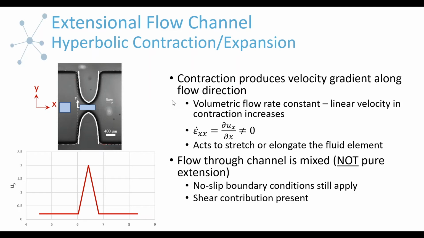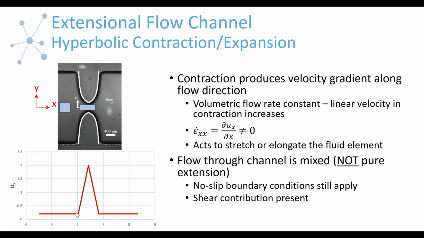But now when we introduce this contraction expansion, because the volumetric flow rate is going to be constant, as you move into the smaller channel, into the contraction, linear velocity is going to increase. And so now we're introducing with this contraction a gradient in the velocity in the direction of flow. So this is going to be your extensional rate.